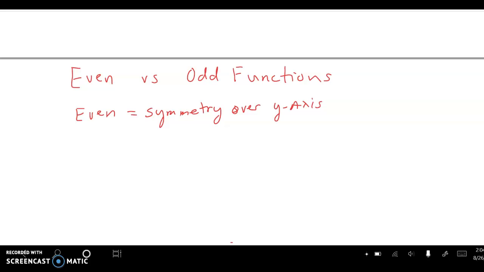So for example, a parabola has symmetry over the y-axis. What does that mean? If I fold the graph over the y-axis, it'll lay on top of each other.